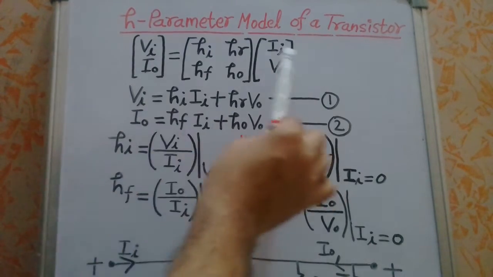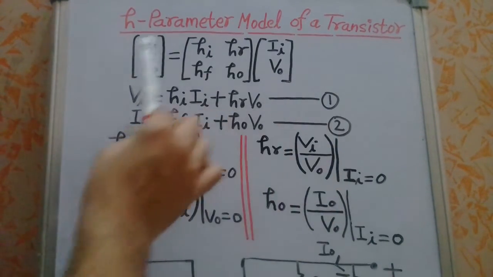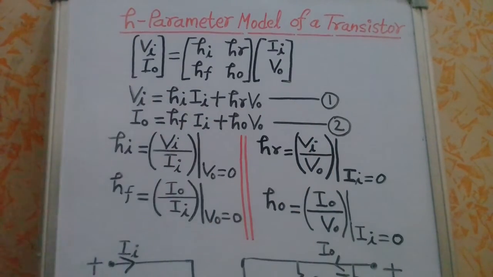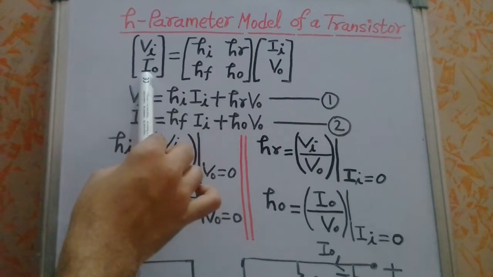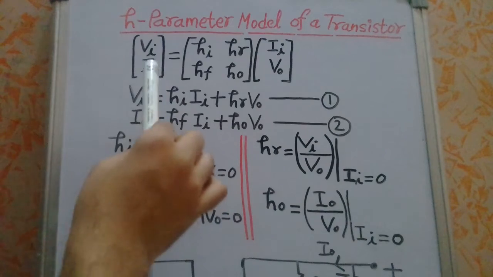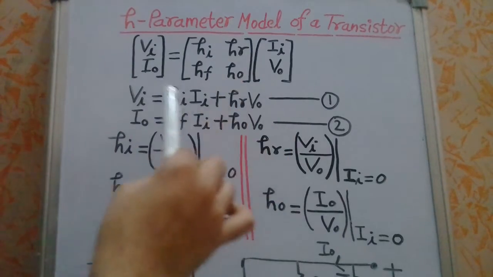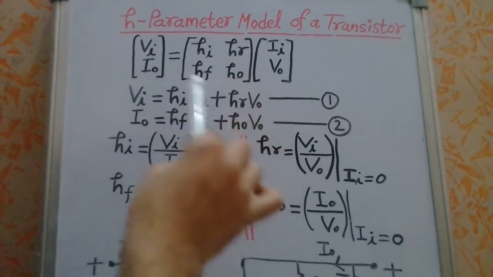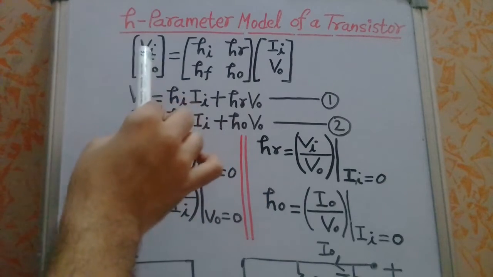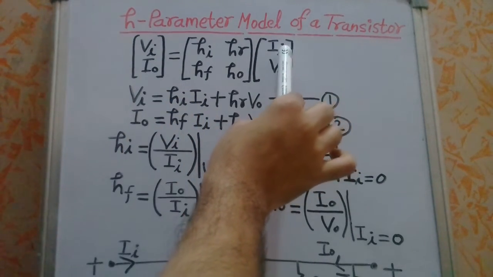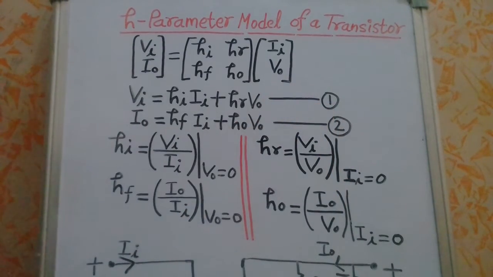Vi and Ii are the input voltage and input current, and Io and Vo are the output current and output voltage respectively.